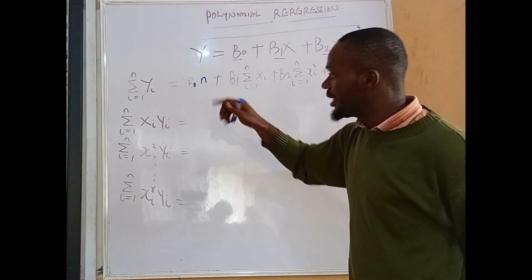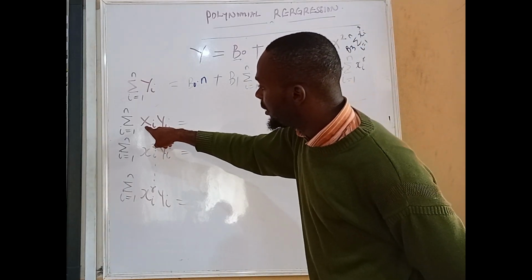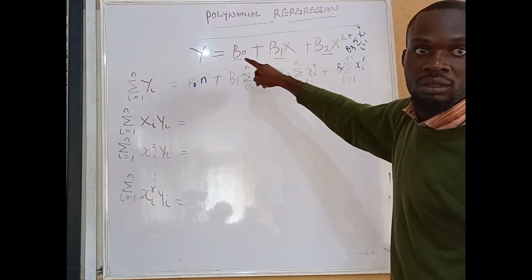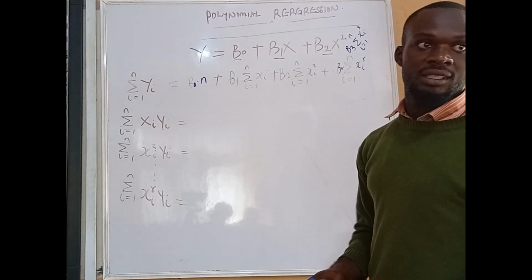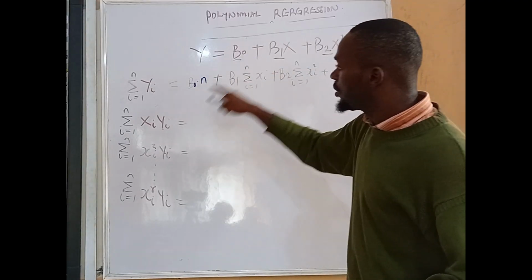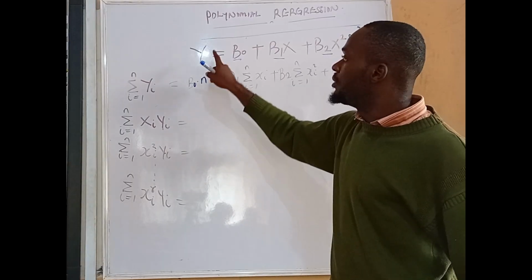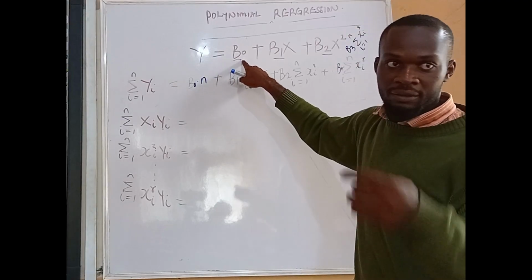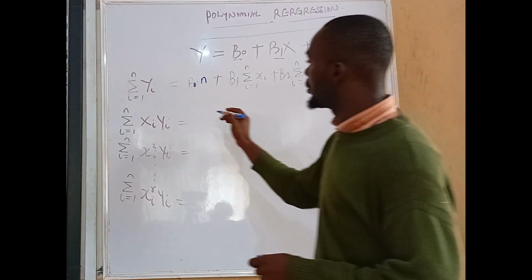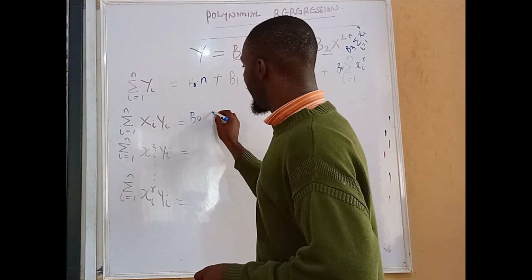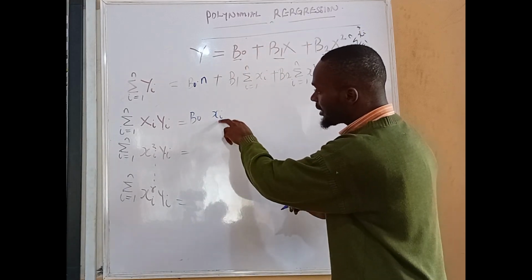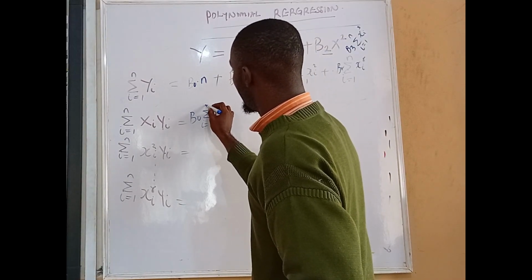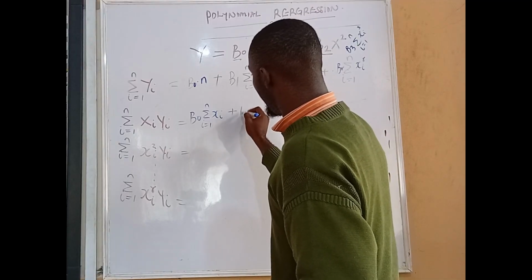So in this second one now, let's see how we start. We multiply, let's say I multiply this thing by s now. Then this first one will now have s. This is y. We want to find s I y I, which means we multiply this equation by s I. This first b naught will now be b naught s I, and this s has I, so it will be summation from I equal to 1 to n, plus b1.